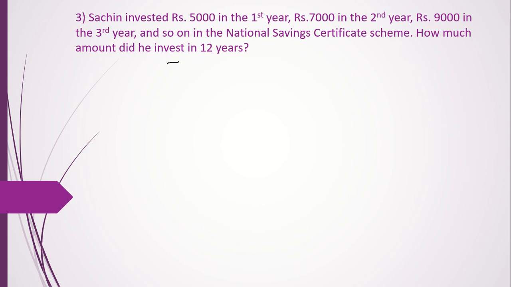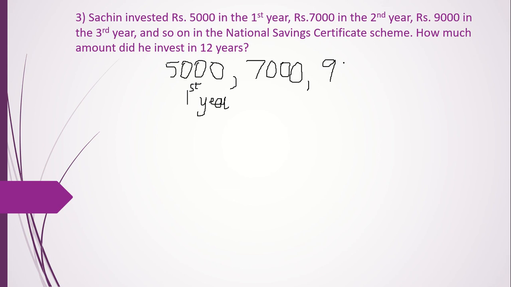They have given a sequence in this question. 5000 in the first year, then 7000 in the second year, 9000 in the third year, and so on. For how many years did he keep the money in the National Savings Certificate scheme? For 12 years. So n is equal to 12.